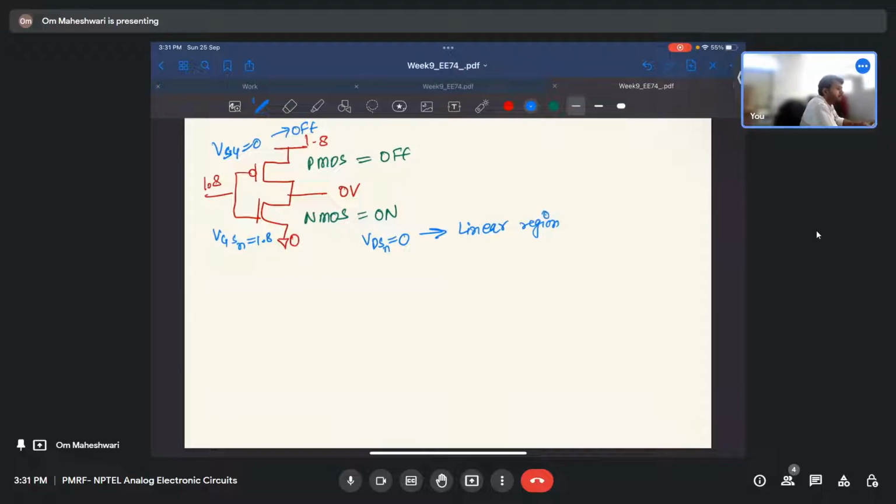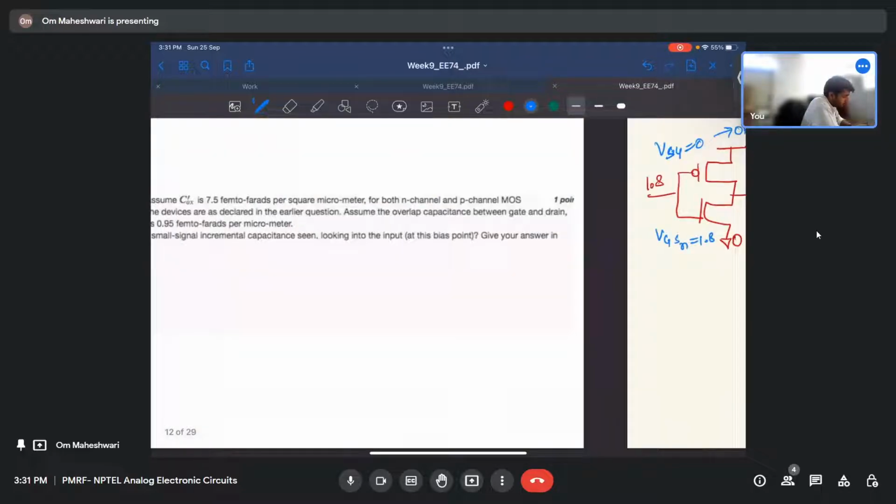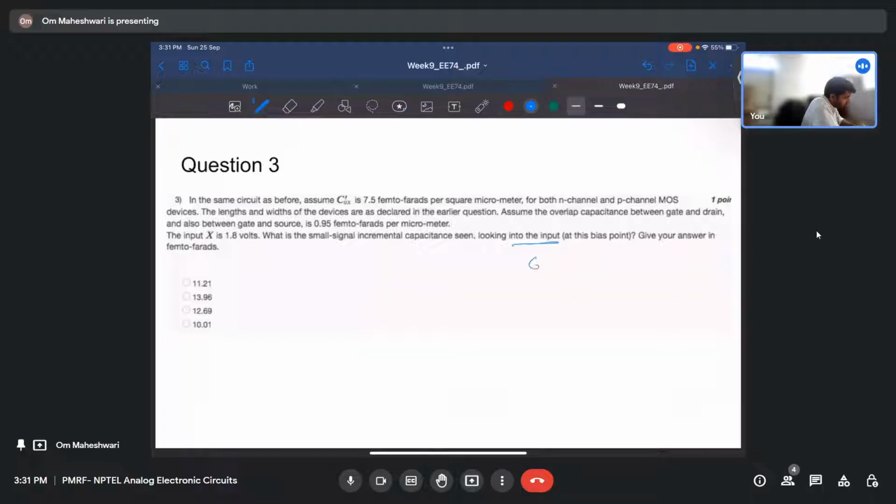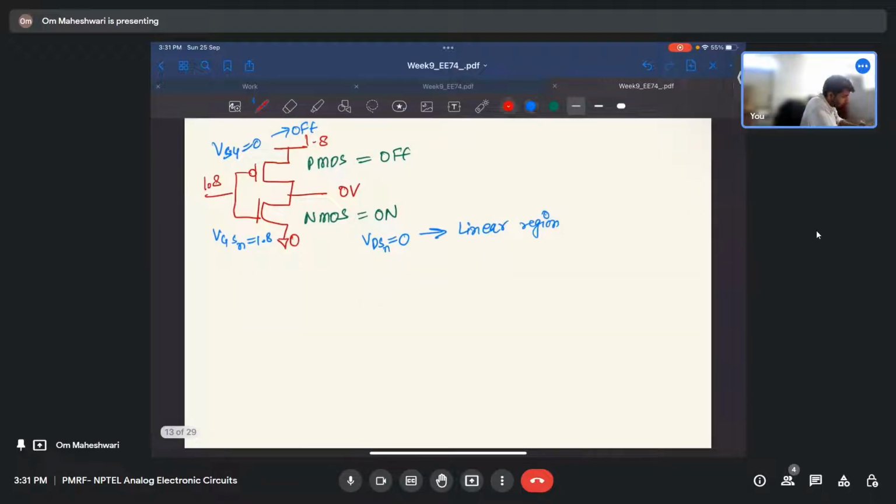So what do we have to find here? We have to find the capacitance looking at the input, that is CGG only. So I told it first that CGG equal to CGS plus CGD, for both NMOS and PMOS, so CGSN plus CGDN plus CGSP plus CGDP.